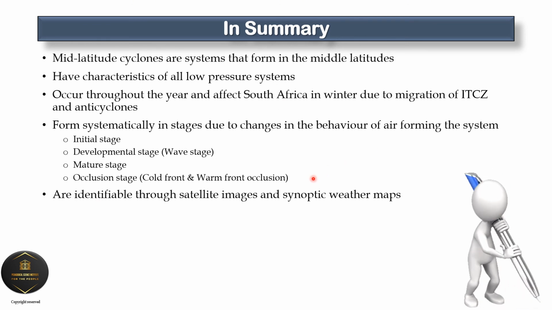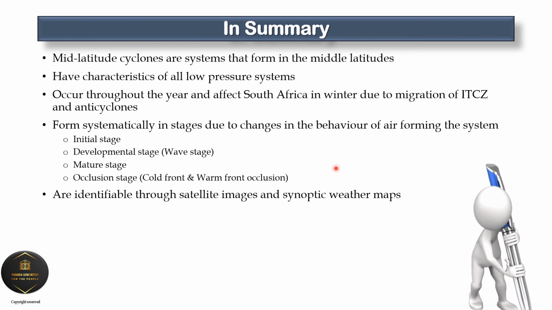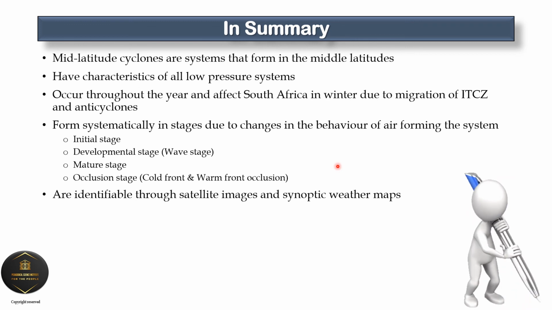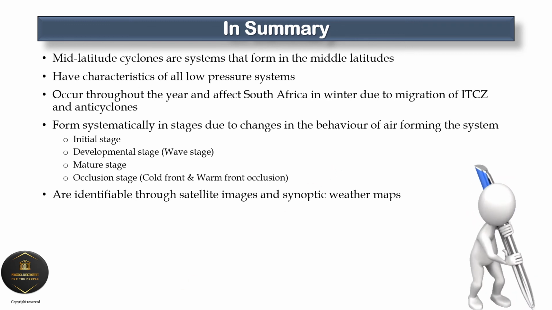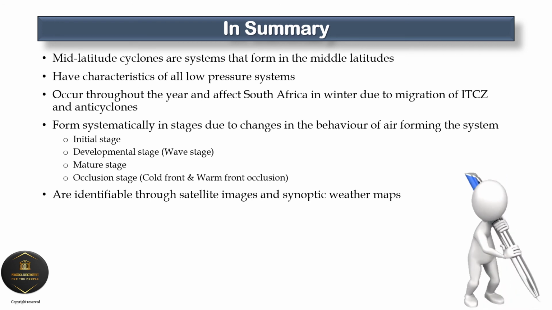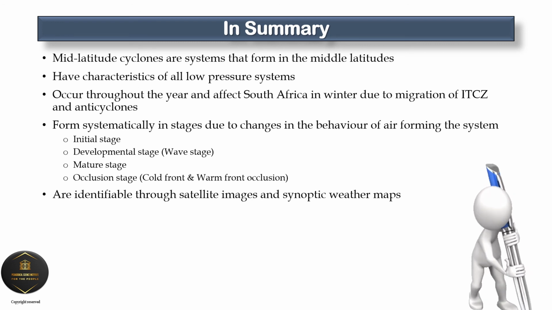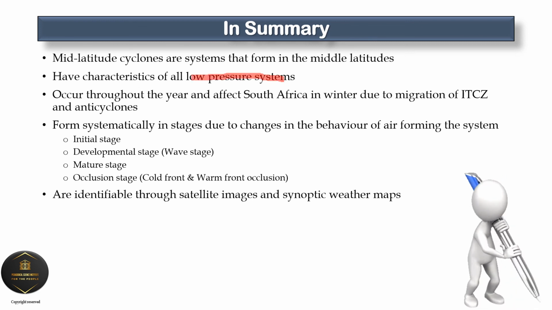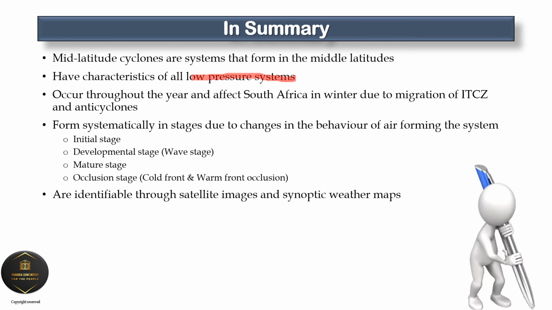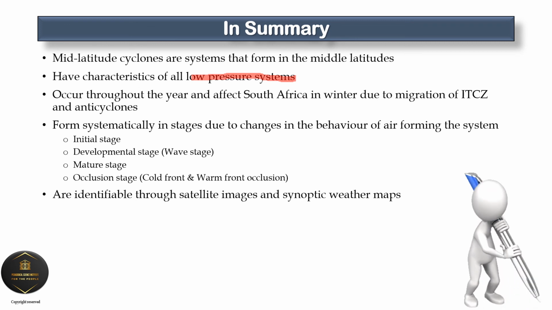Now, I want us to then summarize. So in summary, mid-latitude cyclones are low pressure systems, right? What's special about them is that they form in the middle latitudes.